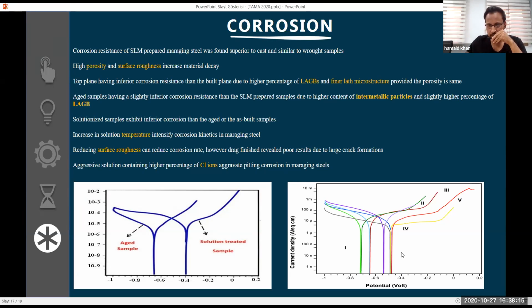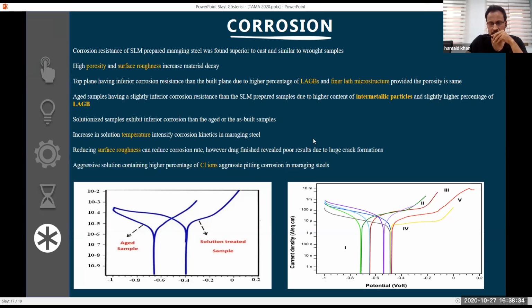Another thing: depending on the chloride solution, it has been shown that as you increase the chloride content, making the solution more acidic and more aggressive, the corrosion potential definitely reduces. The corrosion resistance is reducing.